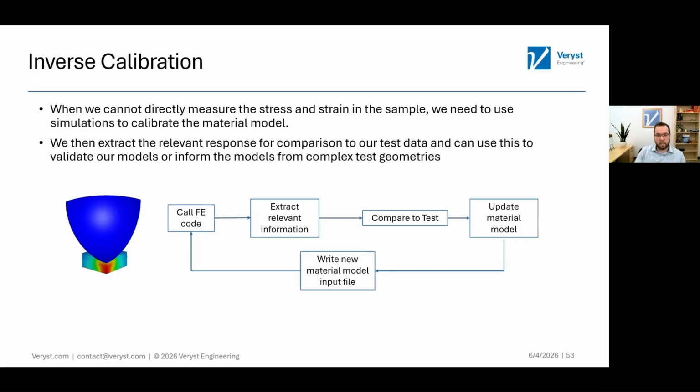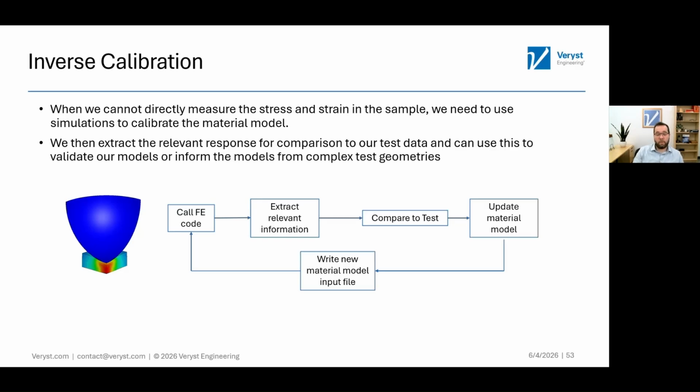So what you do with this is you'll have an initial guess as before. You'll write that into your input file, run the finite element model, and extract your variables of interest. So let's say that's force and displacement. You compare that force and displacement to your experimental, and then you'll update your material parameters until the error between the experimental and the FEA variables is reduced to an acceptable level.